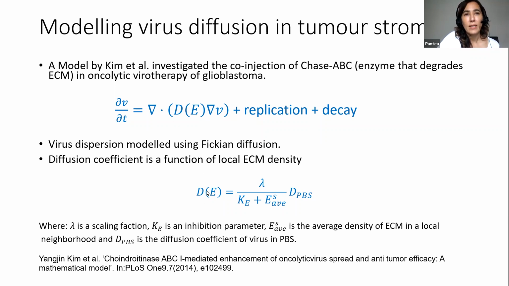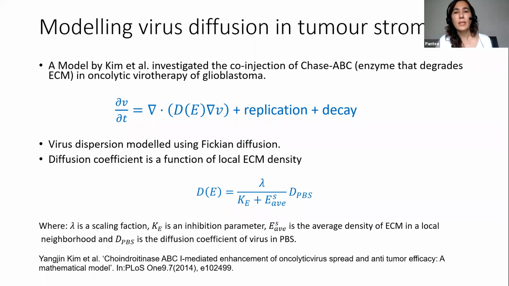Here we've got some constants, and dPBS is the diffusion coefficient of virus in PBS. So this would be the natural diffusion rate of the virus, but that's going to be hindered by the ECM in a given local environment.